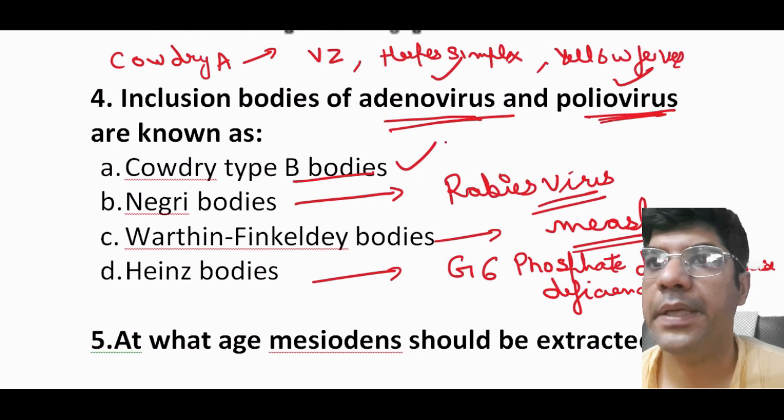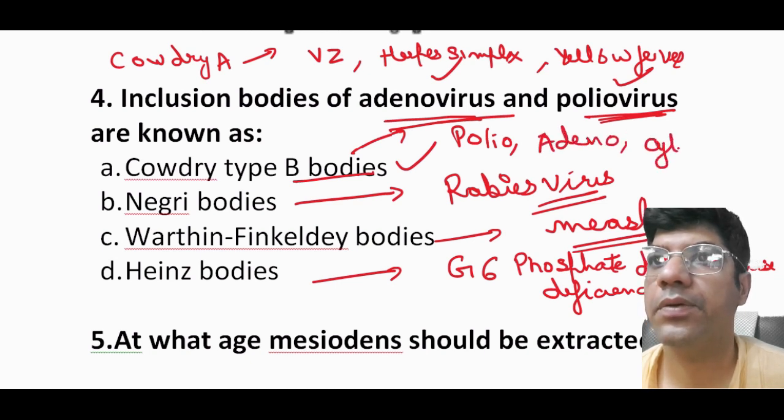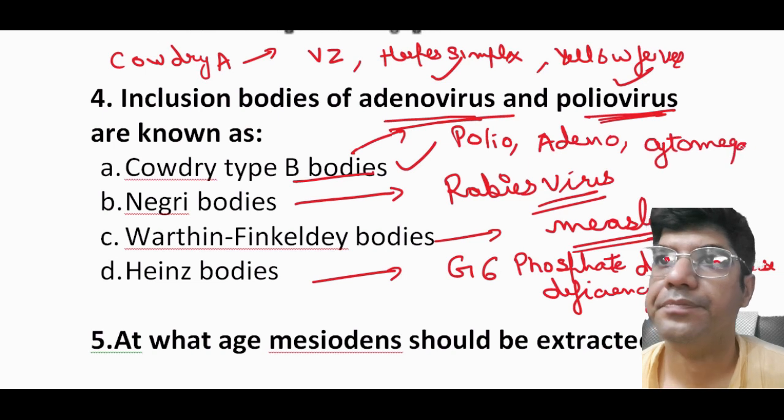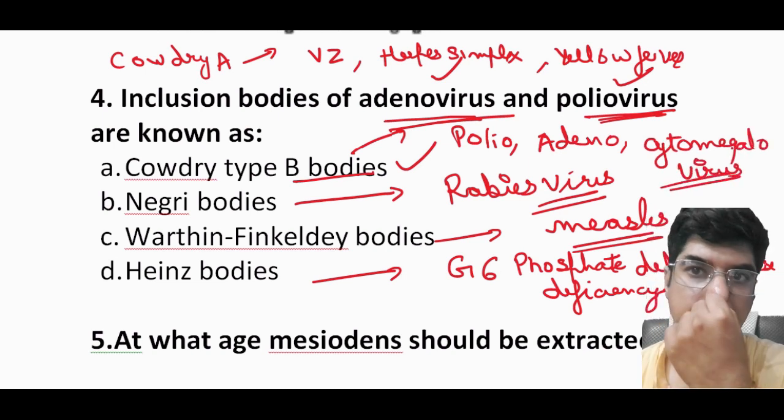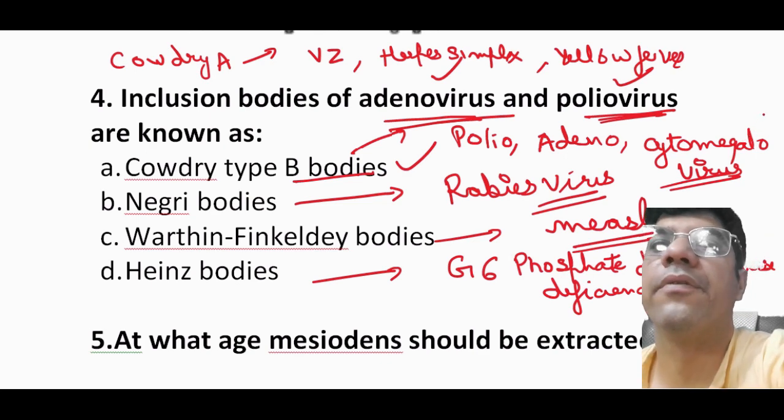And Cowdry type B bodies are seen in poliovirus, adenovirus and cytomegalovirus. That is the important part that you have to remember from your exam point of view.